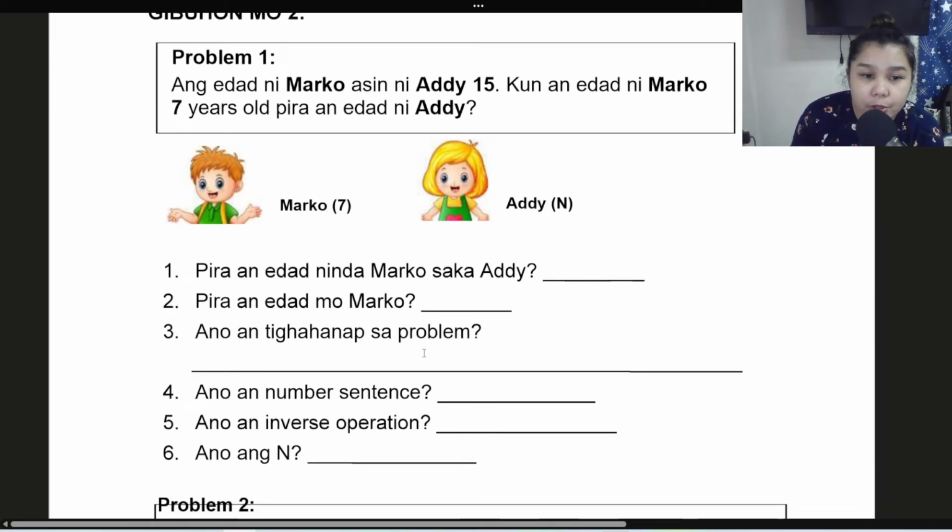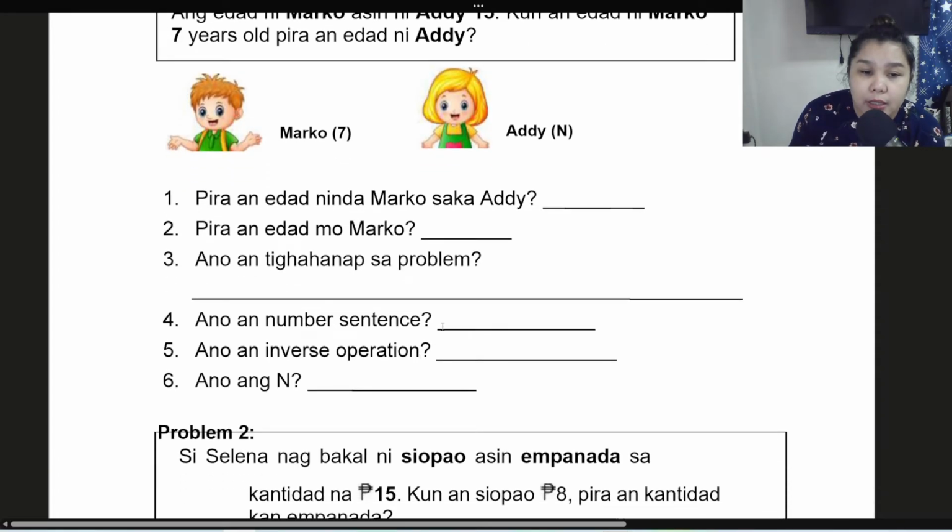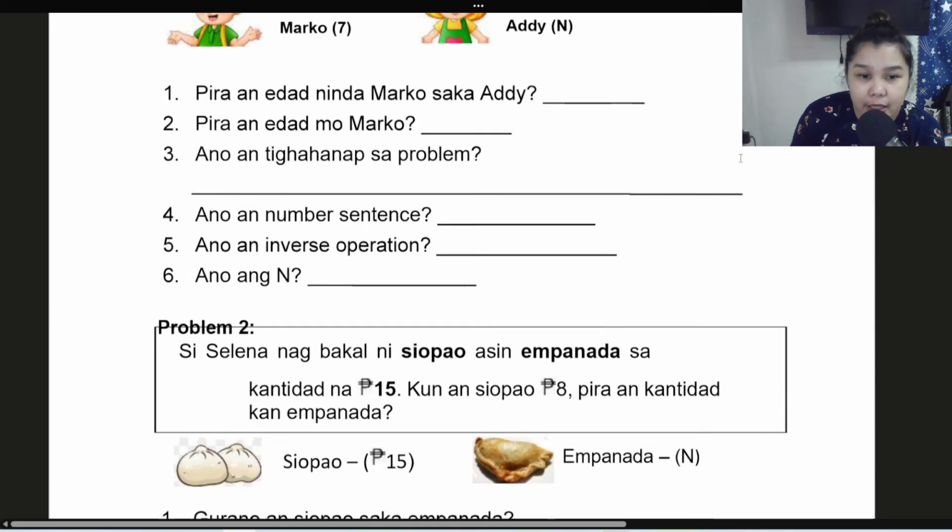Look for the question. What is the number sentence? This is where the n is in the middle, or basically not at the end. What is the inverse operation? And then, what is n? If you'd like to use the blank space here as scratch, or if you have something to compute, you can. No need to erase.